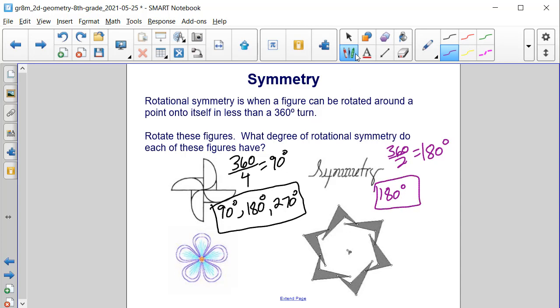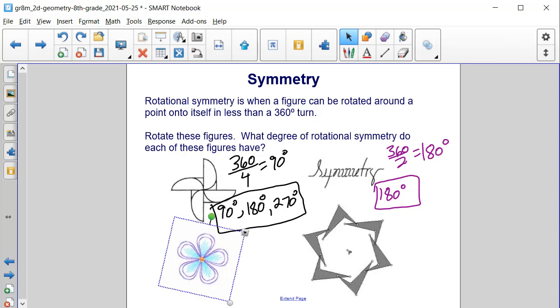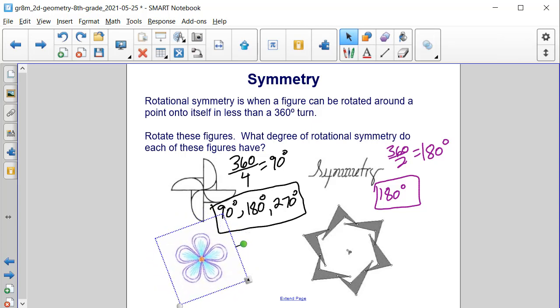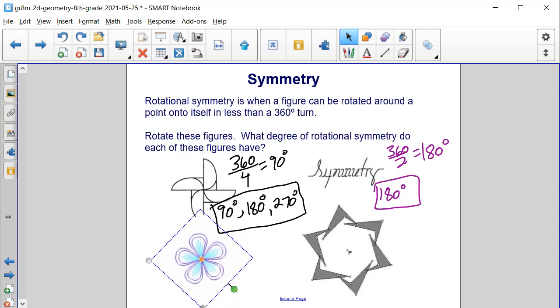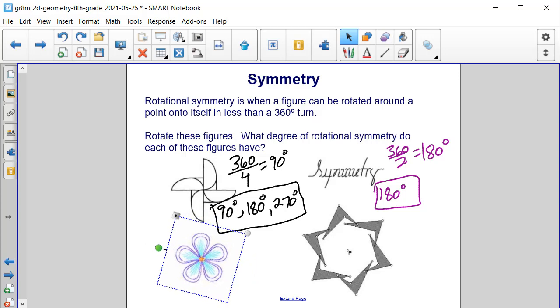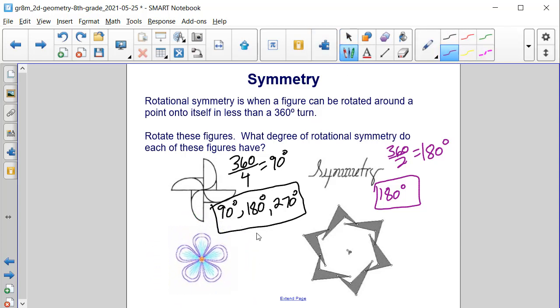Now let's look at this flower. With the flower, we can rotate it 1, 2, 3, 4, 5 times around. So 360 divided by 5 is 72 degrees.